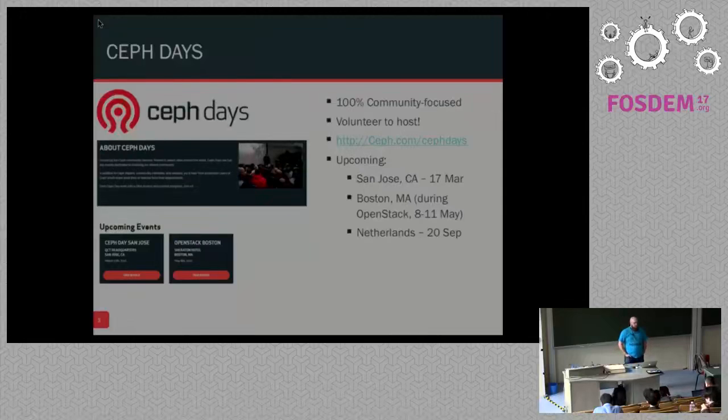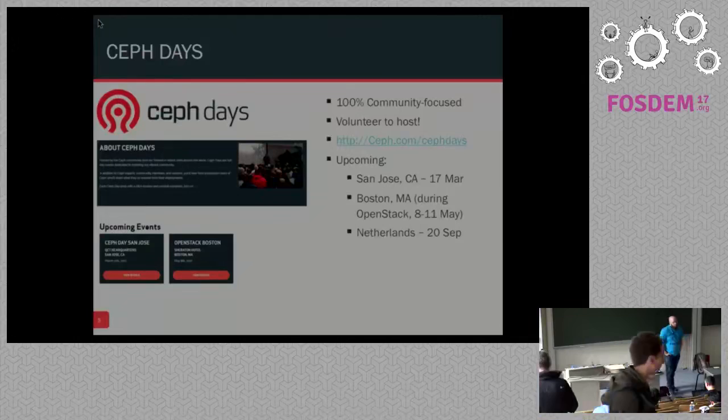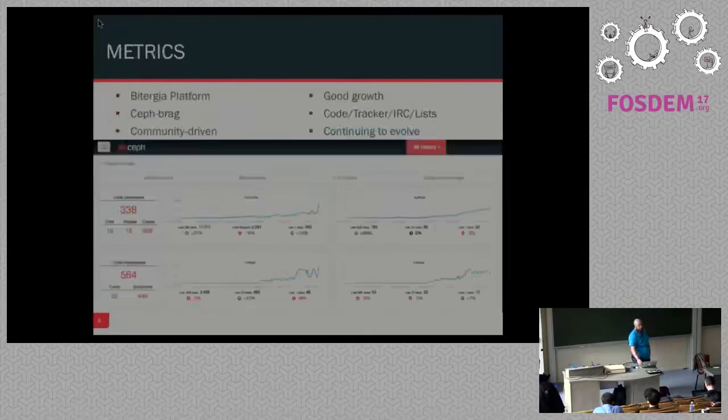The ones that are already published: San Jose on the 17th of March, Boston during OpenStack, and the Netherlands on September 20th. Some of the other ones in progress right now: I believe we are headed back to Frankfurt. We may be in Stockholm and Warsaw in April, and probably Taiwan. We'll be in Sydney during early November, and several others. If you look at the new Ceph website at /Ceph Days, you should see them as they become available.